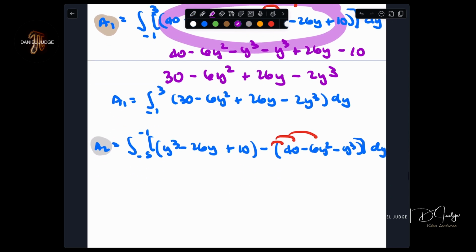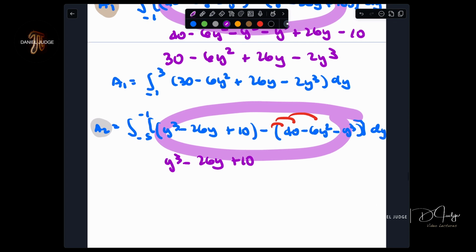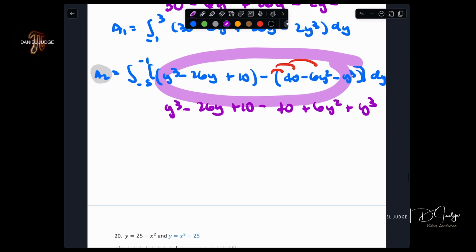All right, let's do the algebra down here now. 2y cubed minus 26y plus 6y squared minus 30.